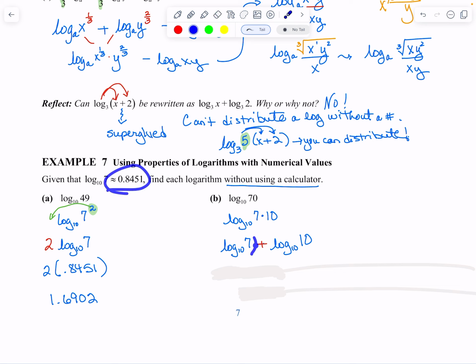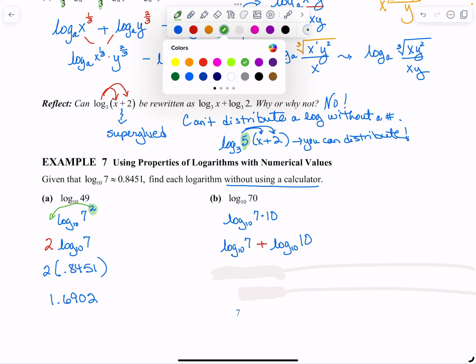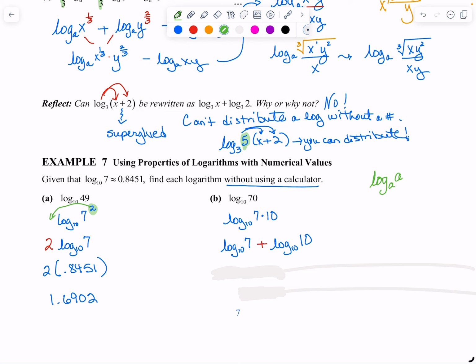So we have that. But you might be thinking, well, they didn't give us log base 10 of 10. But if you remember back when I was giving you these formulas or the laws of logs, I had one that said log base a of a to the x is x. And remember me saying if these guys are the same, it just cancels out, and that is your answer. So these guys are the same.